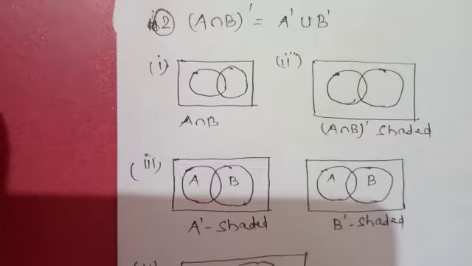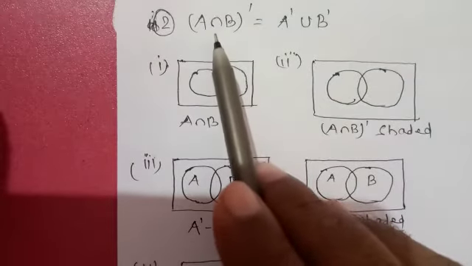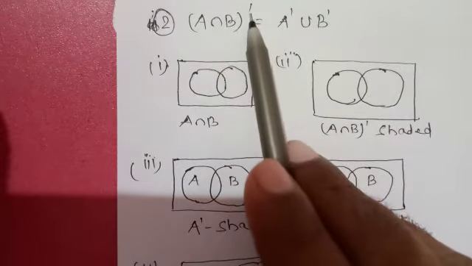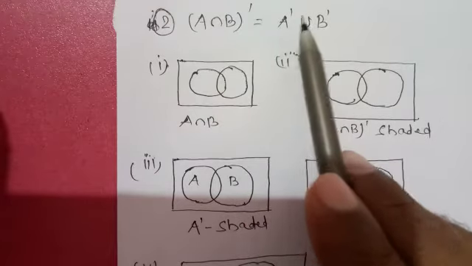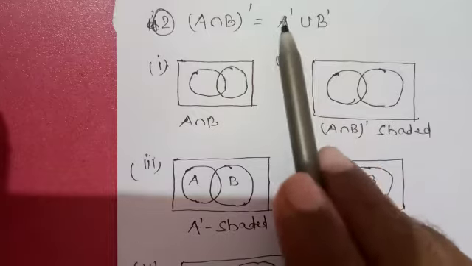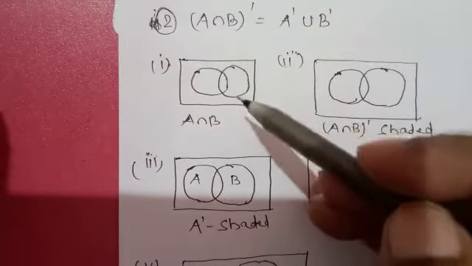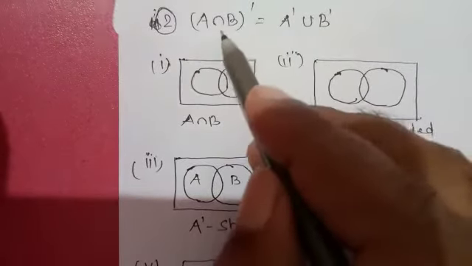See what you have to draw. First draw A intersection B, then draw the complement of A intersection B, then draw the complement of A, then the complement of B, and then their union. So first A intersection B is shaded.